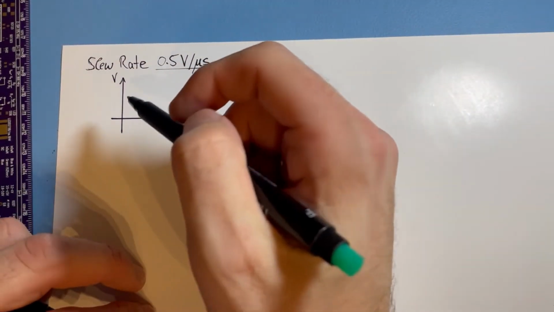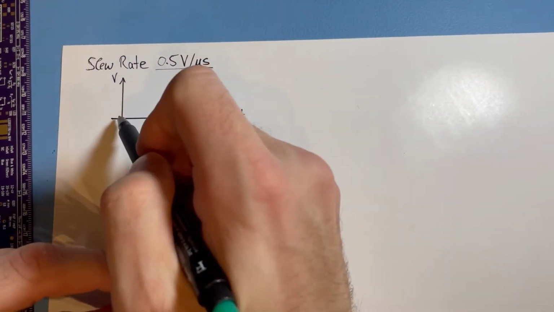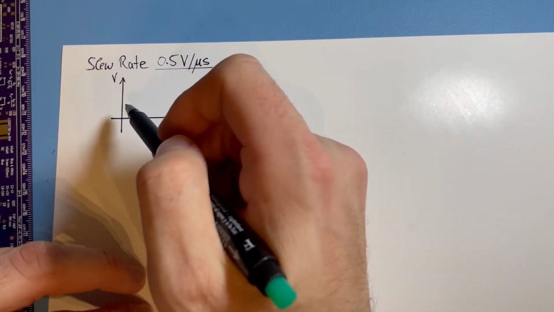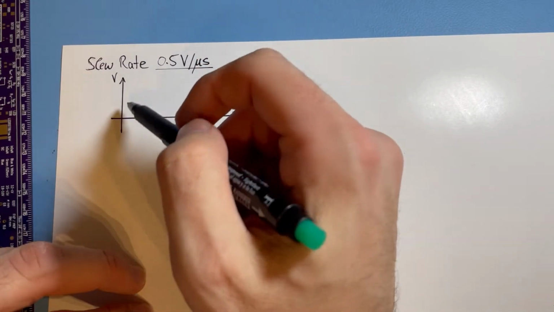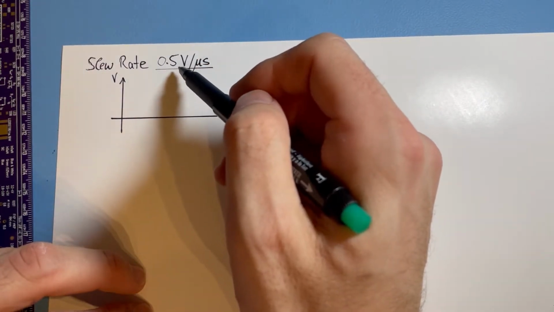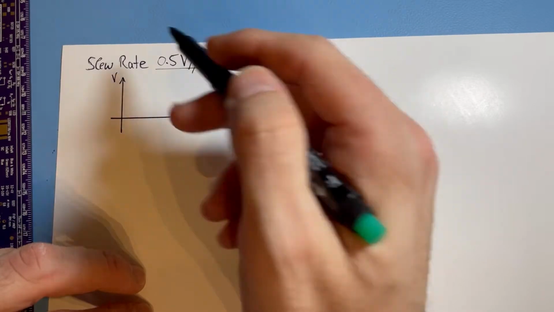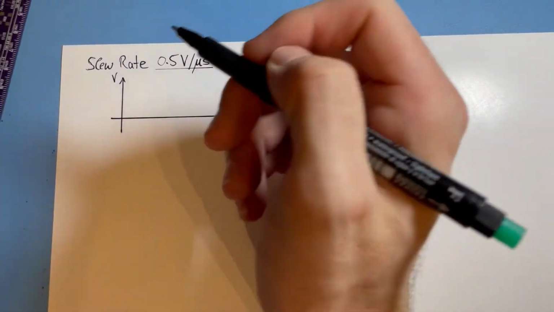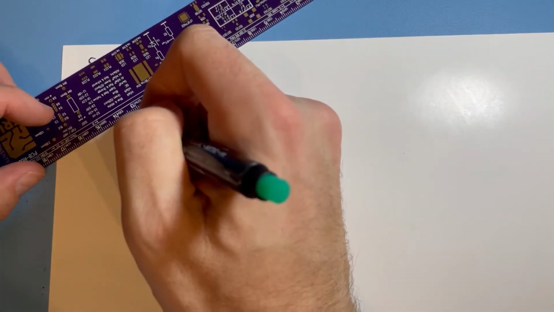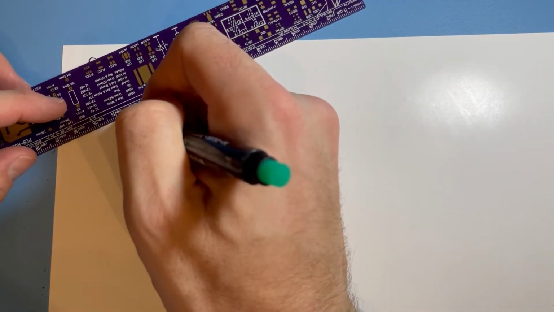Then that means that the voltage can only climb as fast as 0.5 volts per microsecond. So let's imagine that the voltage rises in such a way.